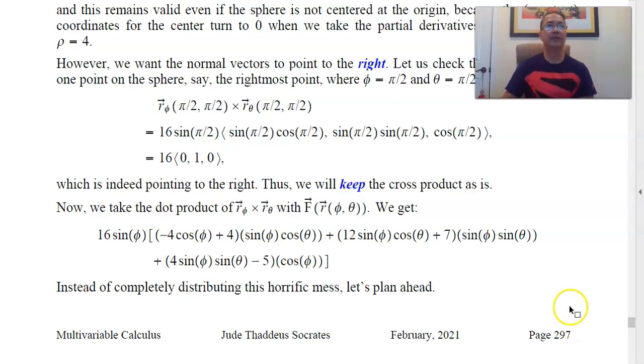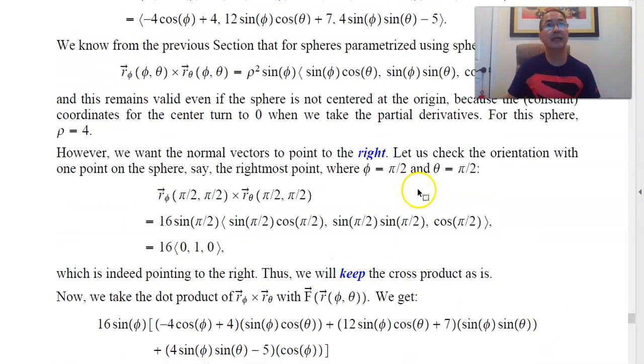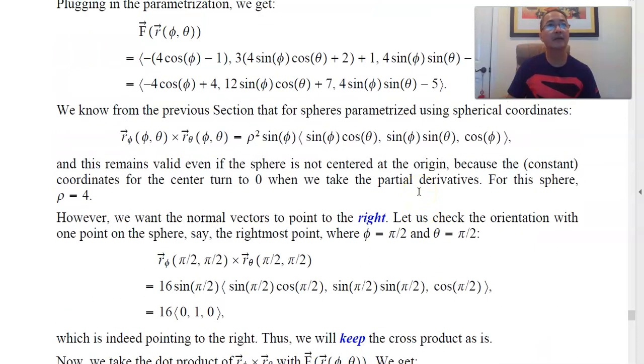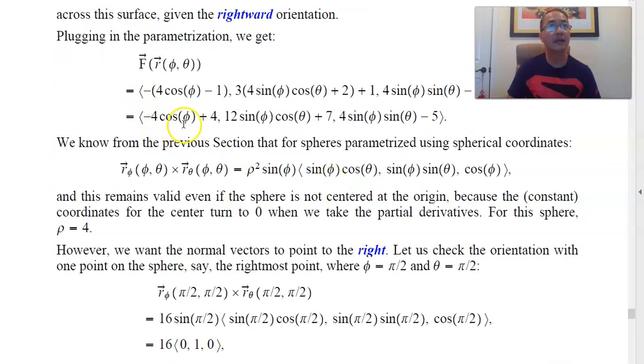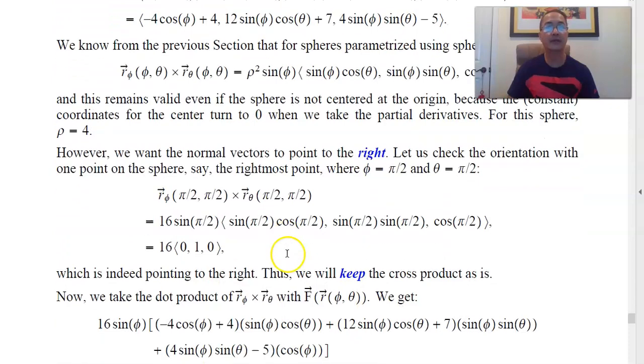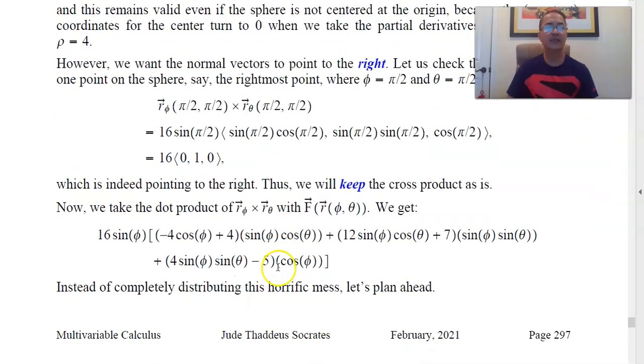When you take the dot product, multiply in pairs: this gets multiplied to this, this to this, and this to this. You can leave the 16 sine phi out for a little bit. But instead of distributing this horrible looking mess, we're going to plan ahead.